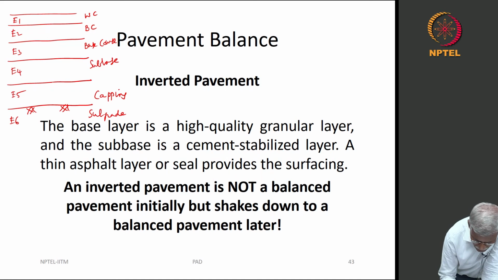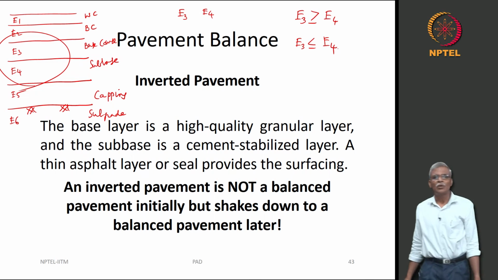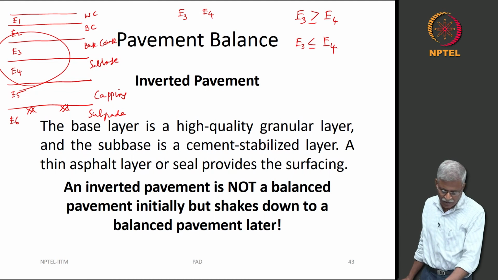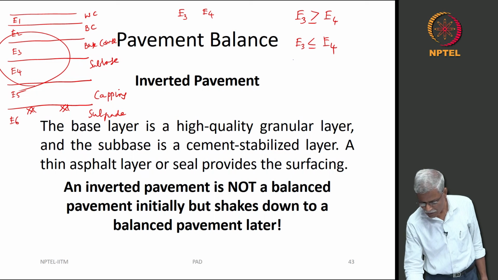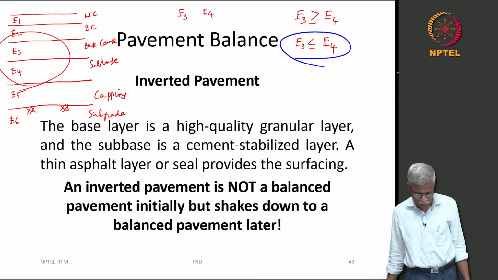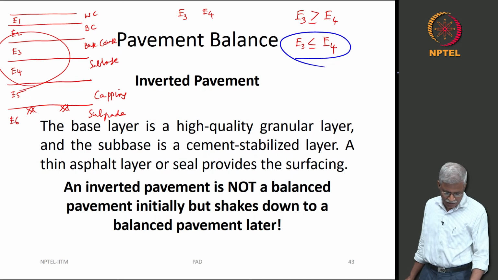Now, let us take a look at these two, E3 and E4. E3 can be greater than or equal to E4, or E3 can be less than or equal to E4. So, if you are going to have a layer like this, you are going to talk in terms of a layer which is an inverted pavement.